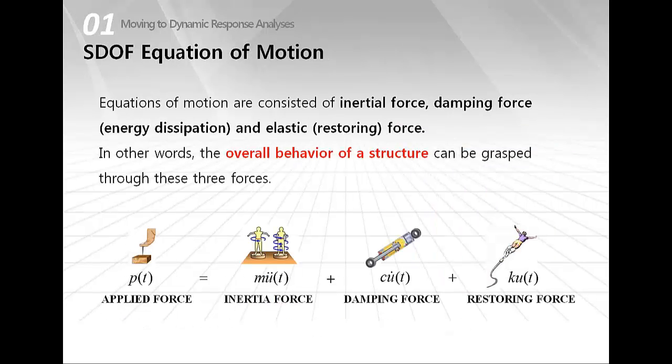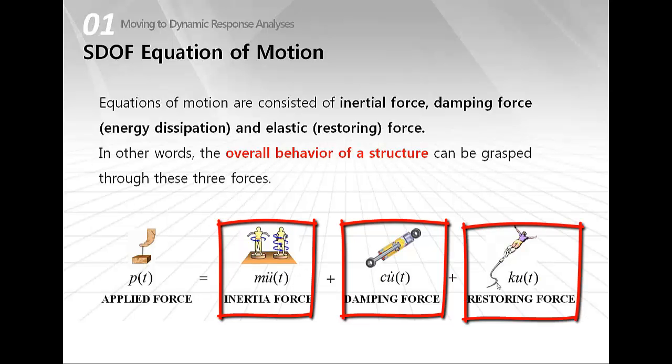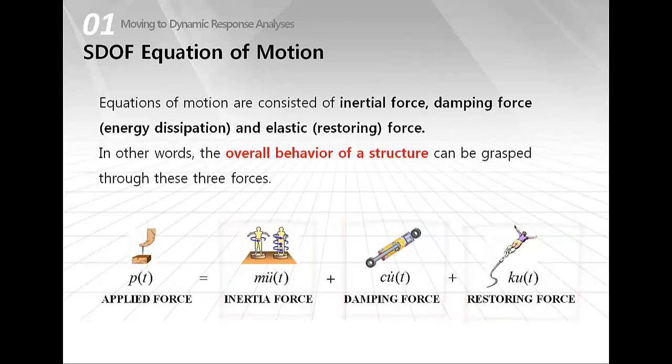One more thing about the equation of motion: as you see, it includes inertial force, damping force, which is responsible for energy dissipation. It includes also restoring force. In other words, we use this equation to describe the overall behavior of the structure, and this behavior can be grasped through these three forces.